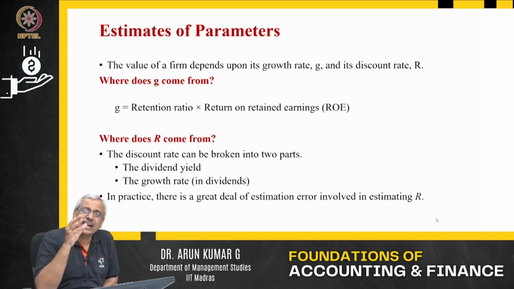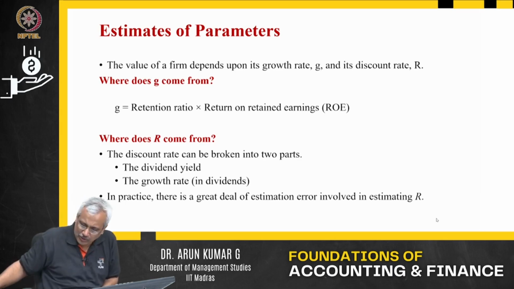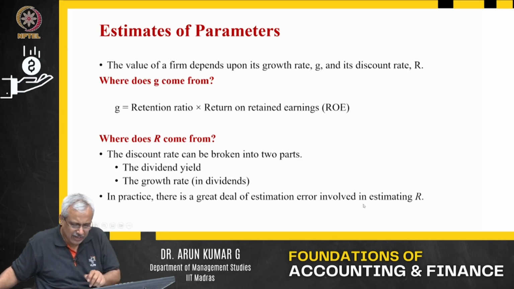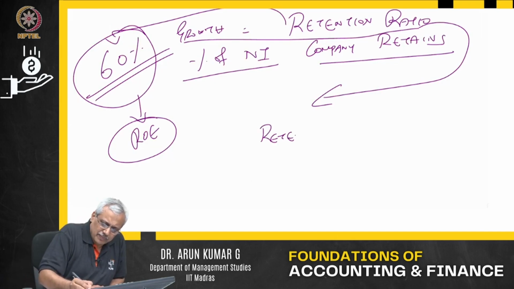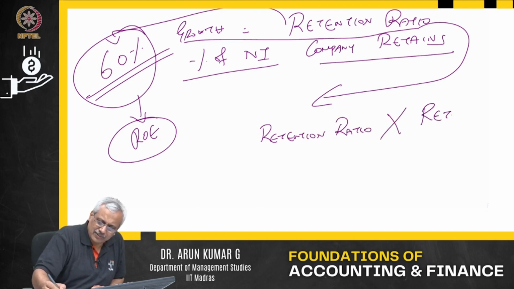That is what growth is going to be. To say it again, growth is going to be the retention ratio multiplied by the return that this money is going to earn.